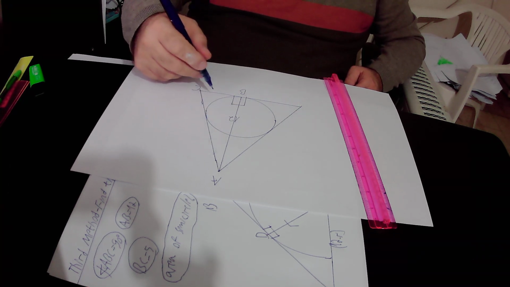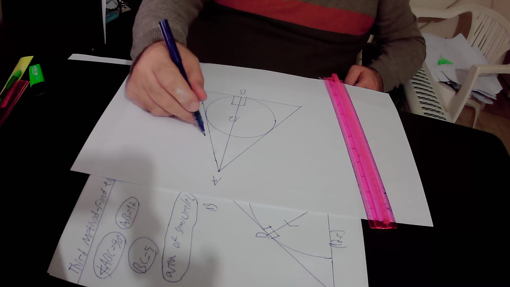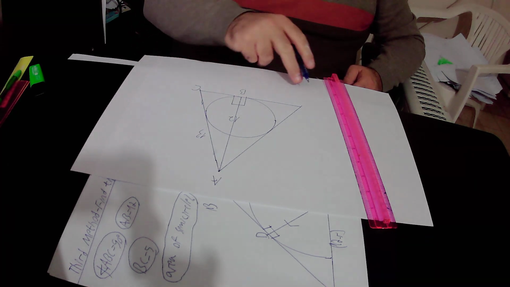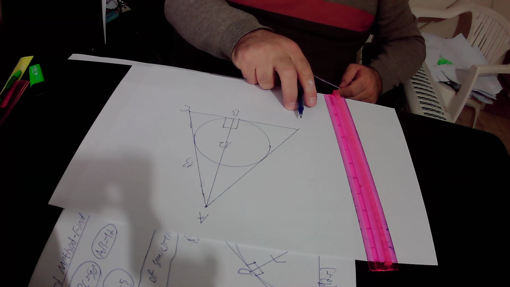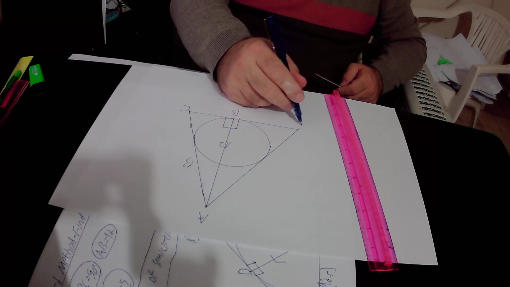Know that AB equals 12 units, AC equals 13 units, and we will define this vertex as point D.